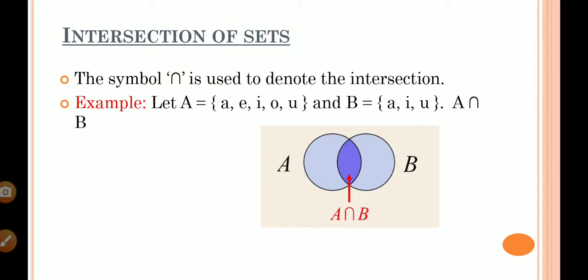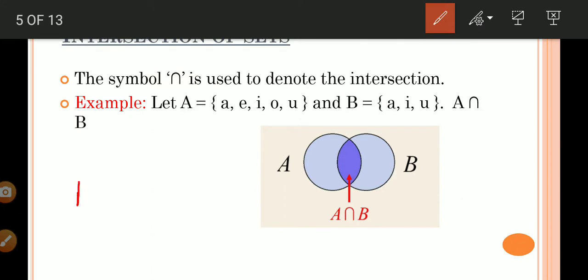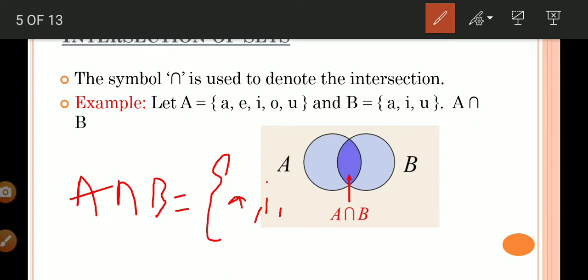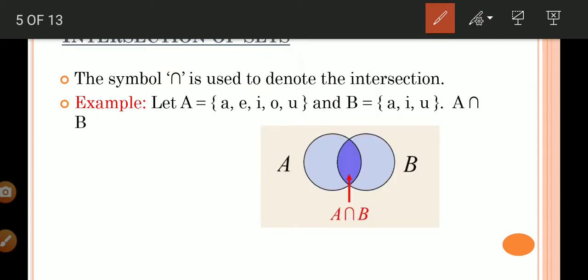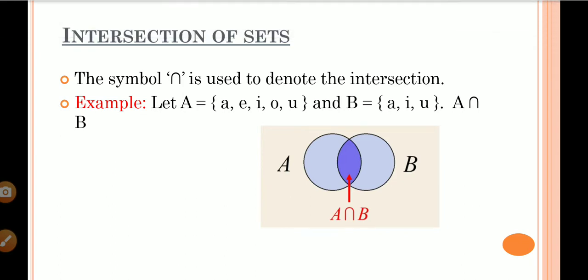Then A ∩ B equals {A, I, U}, right? This is common to both sets. Intersection means the set of all the elements which are common to both A and B.